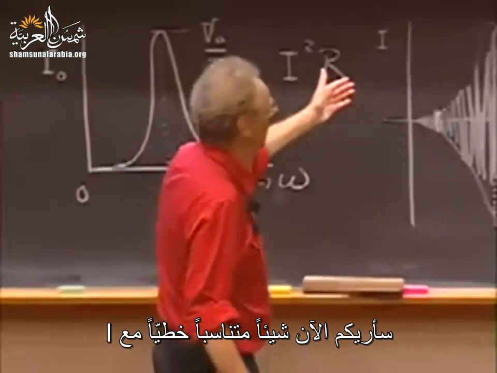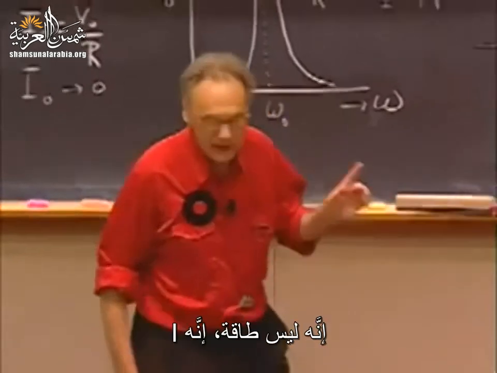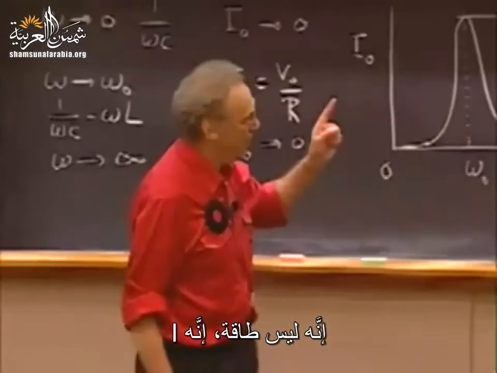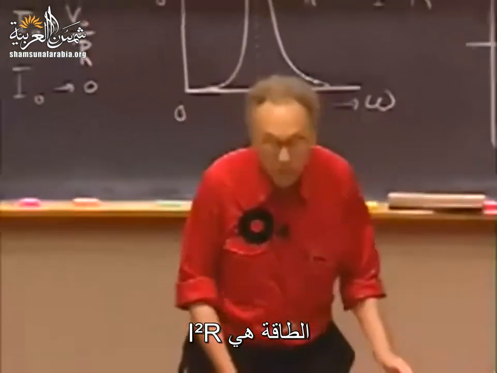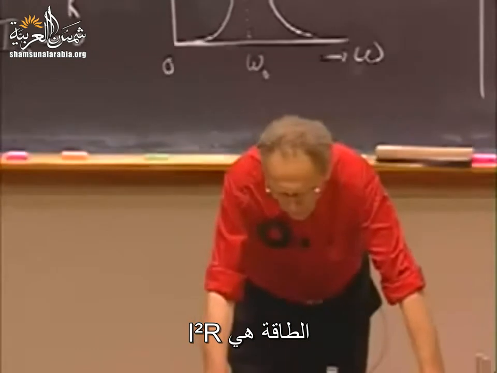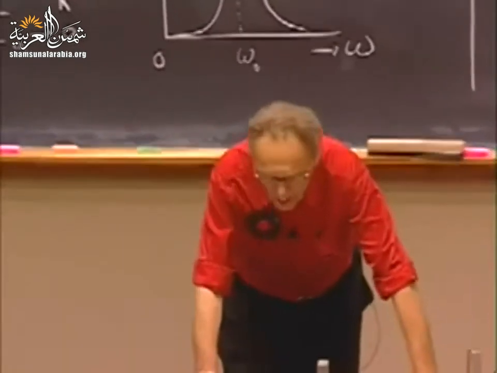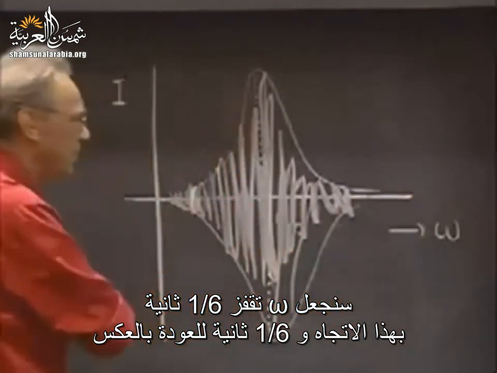So we're going to show you something that is directly linearly proportional with I. It's not power, it's I. If you want to know power, you have to square it. I squared R is the power. And we're going to sweep it in 1/6 of a second this way and 1/6 of a second back.